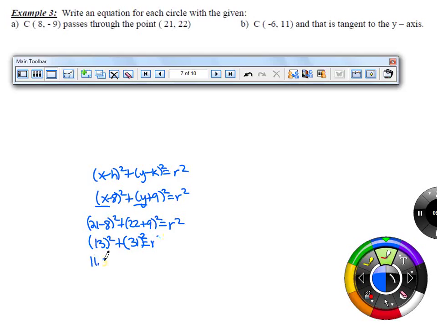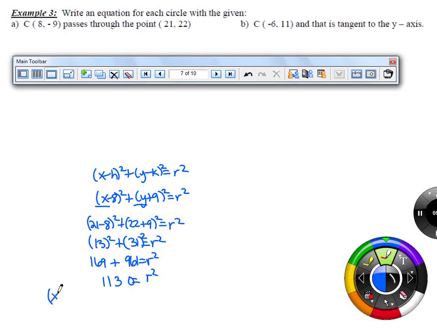So this is 169 plus 31 squared, which is 961. So r squared is going to equal 1,130, which is weird, but, you know.